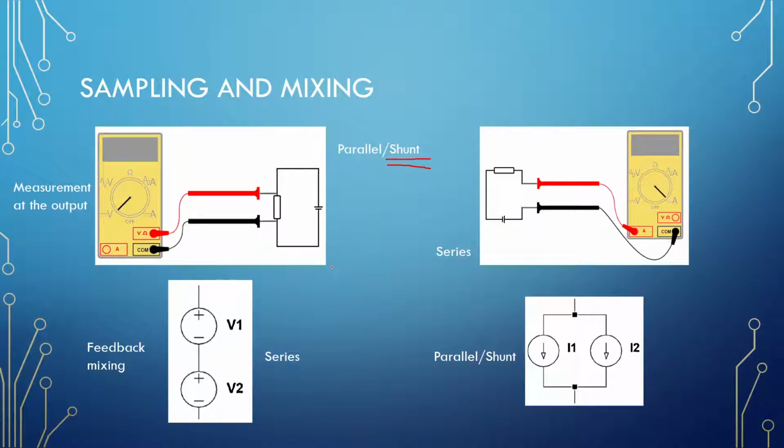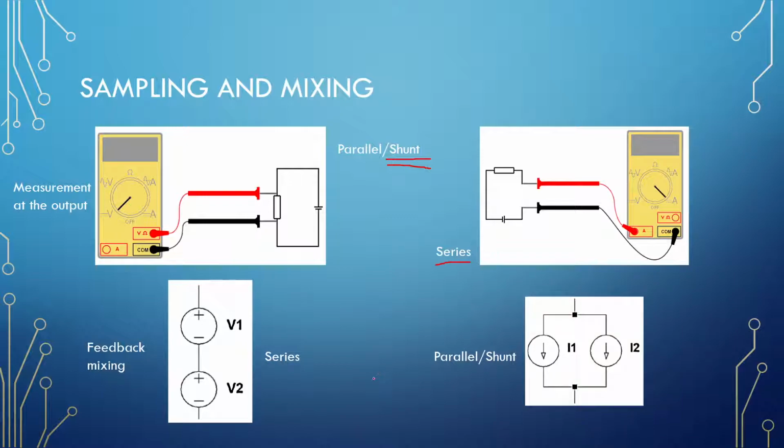It is just a pretty word for parallel. If you need to measure a current, you will do that in series using a multimeter. So voltage measurement is shunt, current measurement is series.